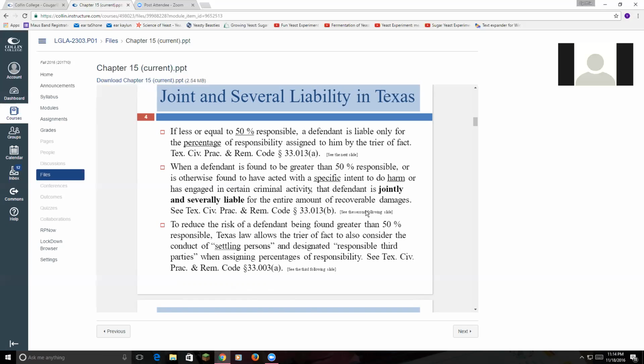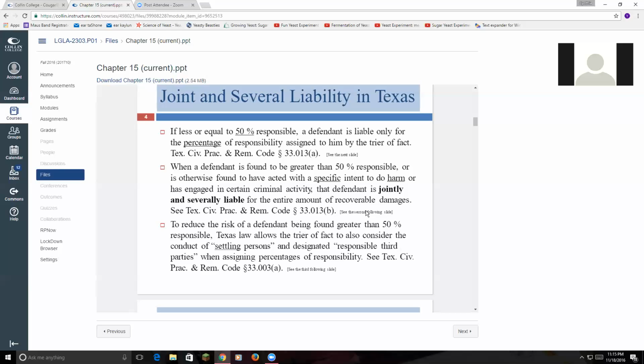Let's talk about a settling situation. Let's imagine that David had settled his claim against Louise, maybe before trial, maybe after trial. Then when the jury was considering liability, David would not be a defendant in front of the jury, but the jury would still be instructed to assign a percentage of responsibility to David.